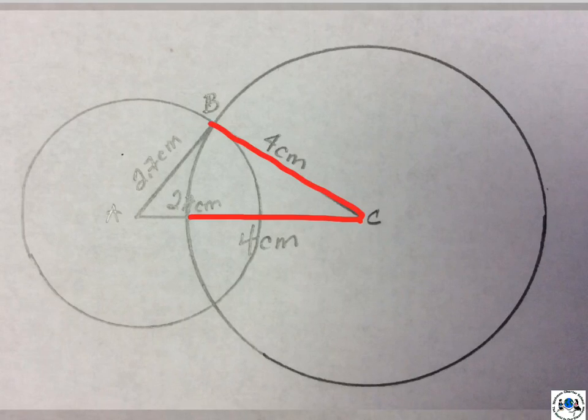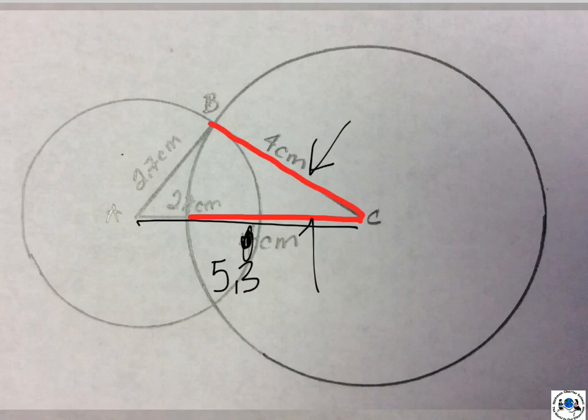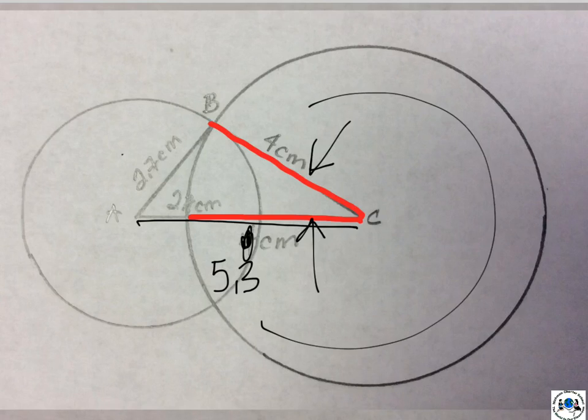That whole line is actually 5.3. I mismarked this here. This is 5.3 centimeters, that bottom side entirely. But these 2 lines here are both 4 centimeters because those are both lines of radius within the larger circle. And there you go.